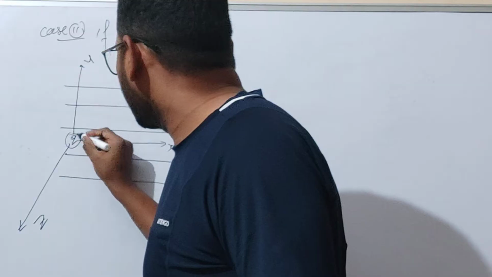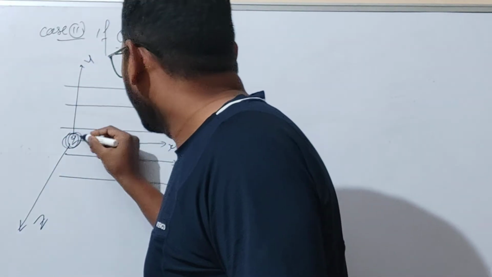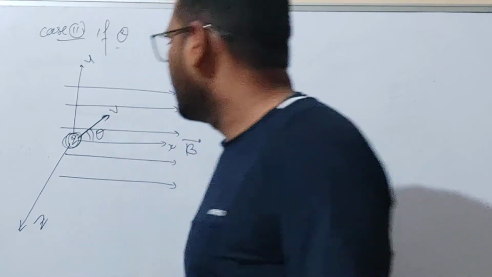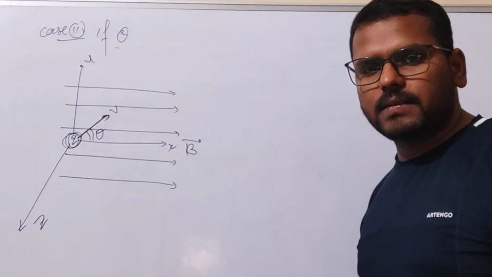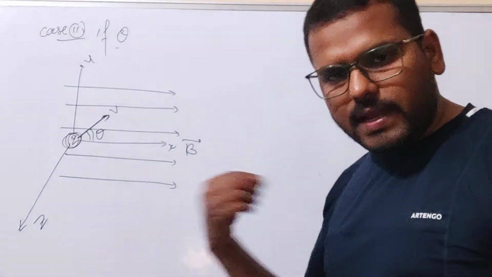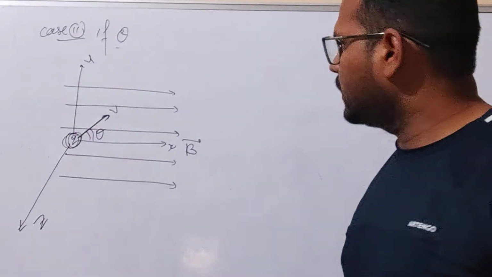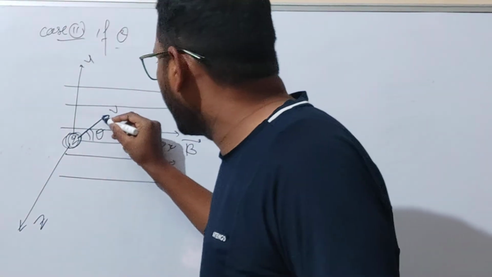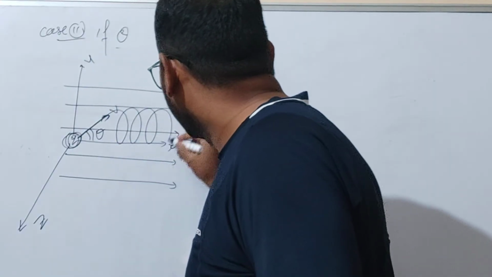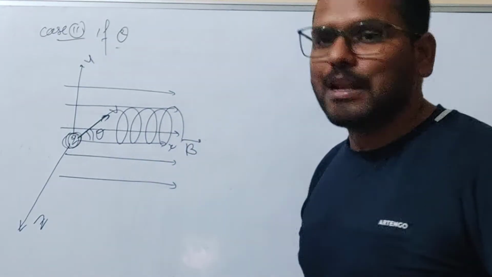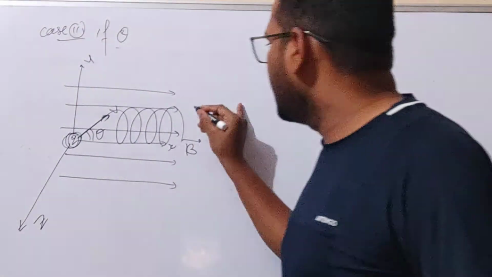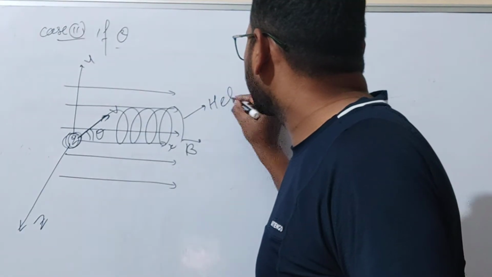I am throwing this charged particle at the angle theta. When it reaches the magnetic field, it will acquire a different path, which is called a helical path, also known as a helix.